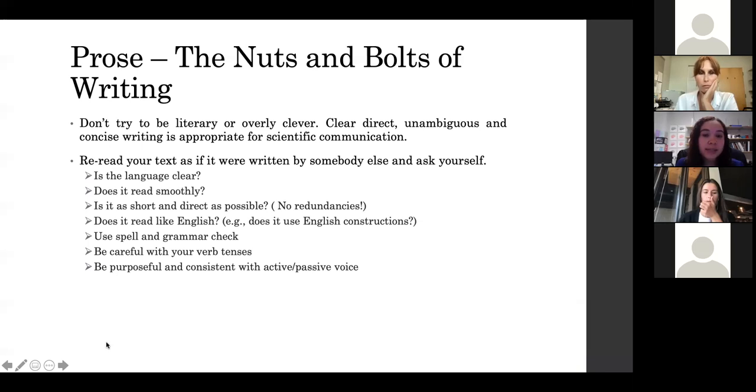You can say something like "the preliminary results indicate" or "the results will show that," because we still don't have the final results of the study. Instead of "we found" or "we haven't found," because you haven't found it yet. You are still working on it. So when you are still working on the experiments, it's a good idea to use the active voice.